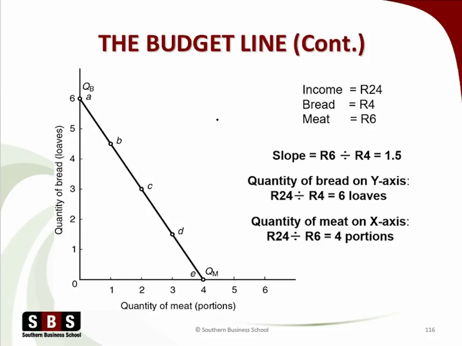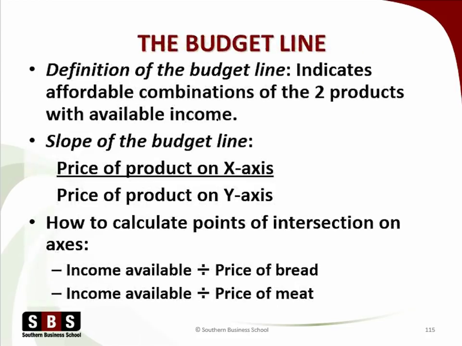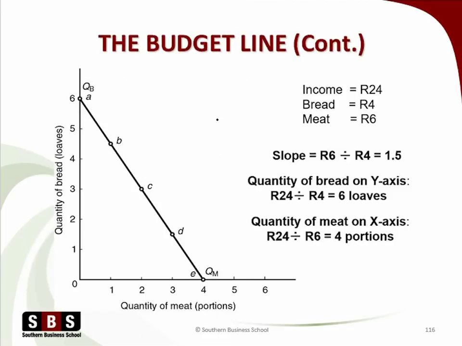Now the slope of the budget line, as we said in the previous slide, is normally the price of the product on the x-axis divided by the price of the product on the y-axis. So that's why your price of meat will be 6 Rand. So it's 6 divided by 4.